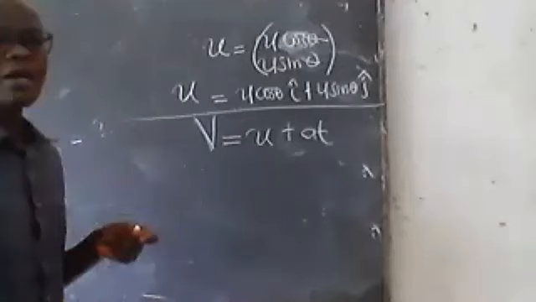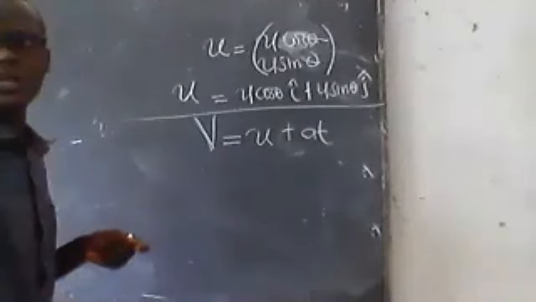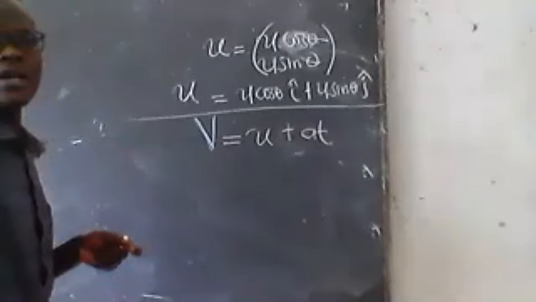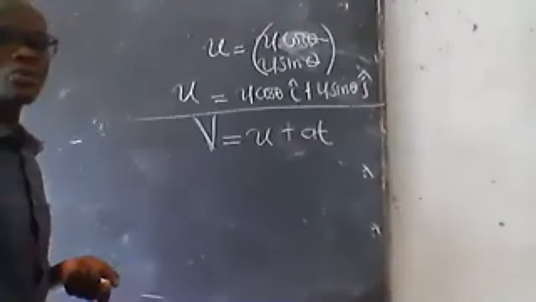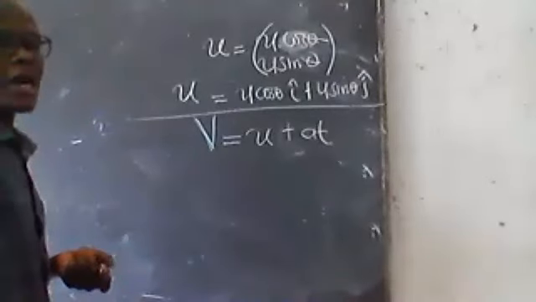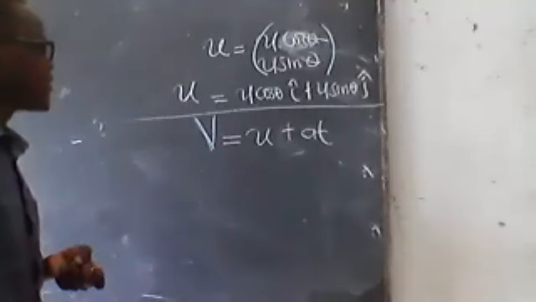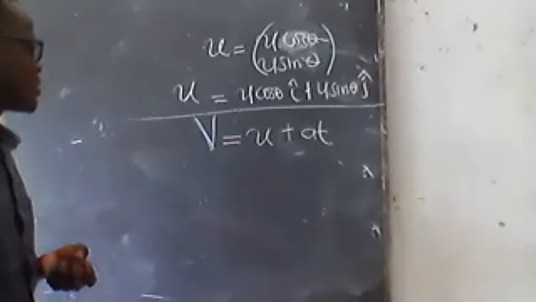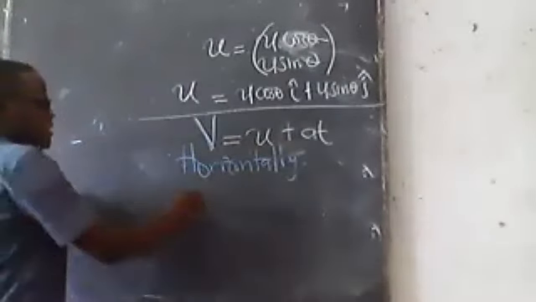So if this is my formula, then I shall write the horizontal motion as Vx, which is equal to the initial velocity. We had looked at it as u cos theta. Then plus the acceleration, which now changes into acceleration due to gravity.